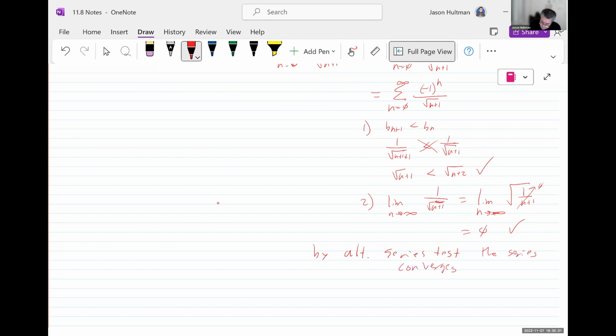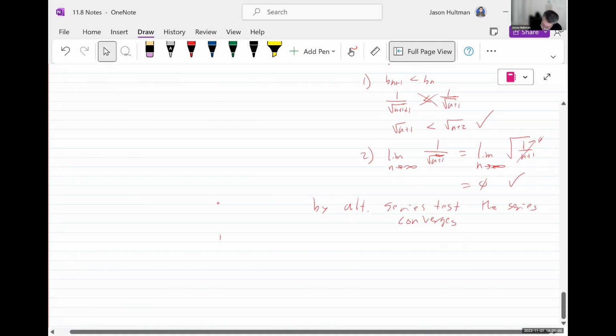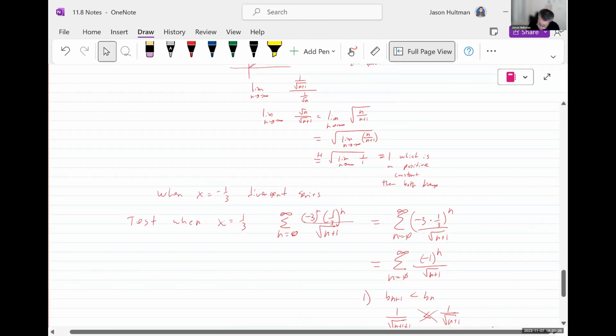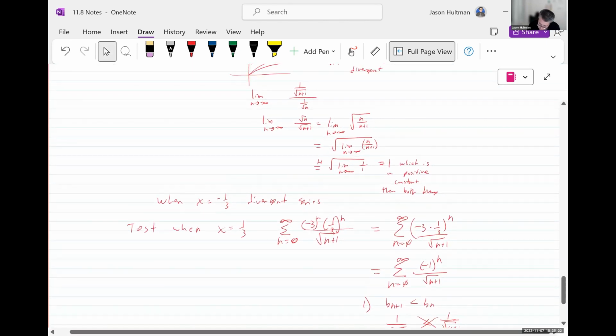And what does that tell me? That tells me that therefore x equals 1/3 produces a convergent series. So x equals negative 1/3 is out.